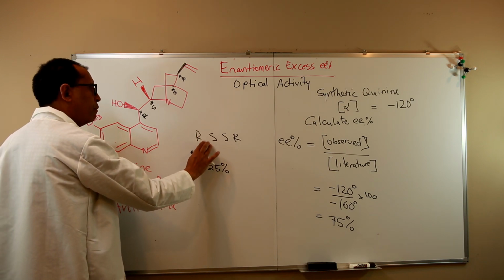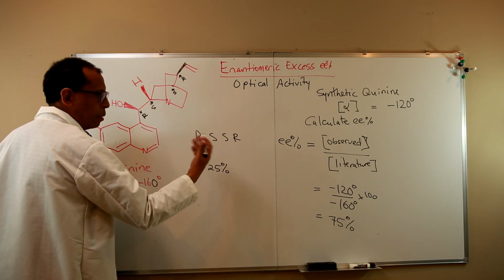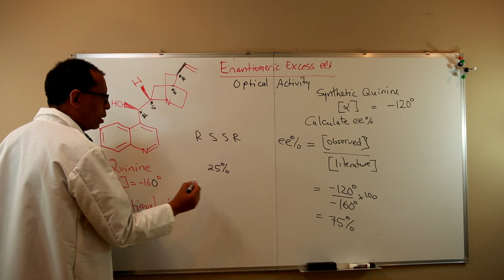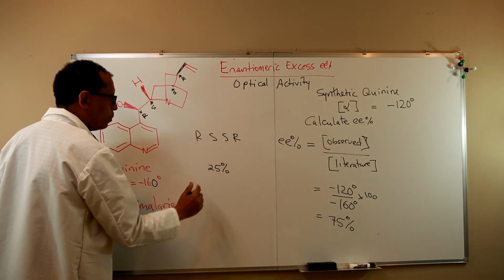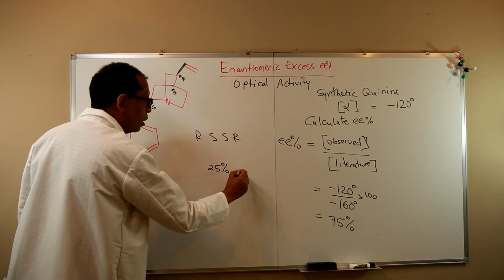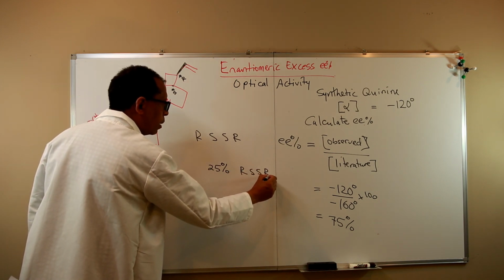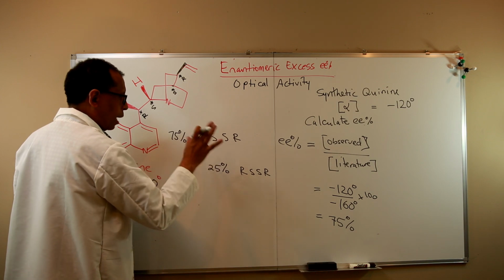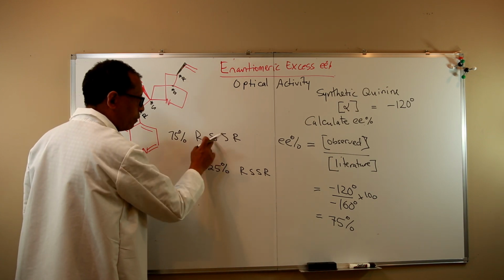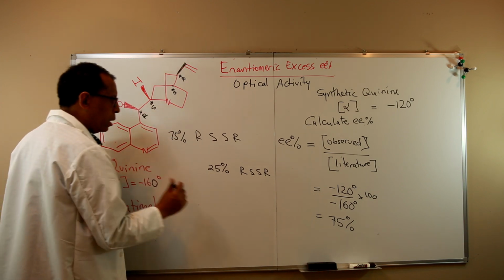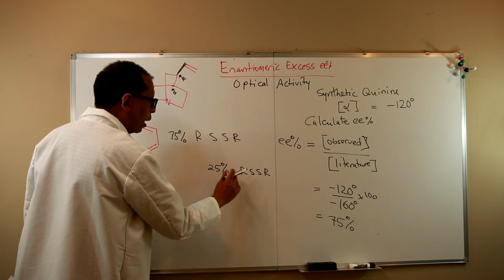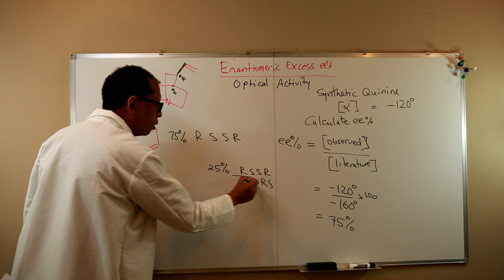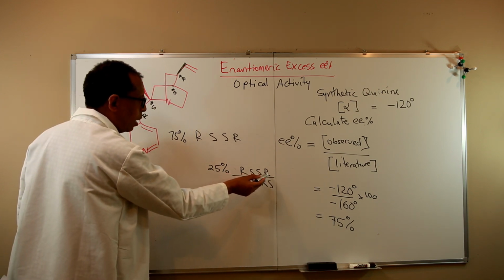If we just say, as an example, that the only other component in the mixture was the other enantiomer, the mixture would contain 25% of RSSR and S, R, R, S, the mirror image, the enantiomer. 75% is what he got as excess pure.